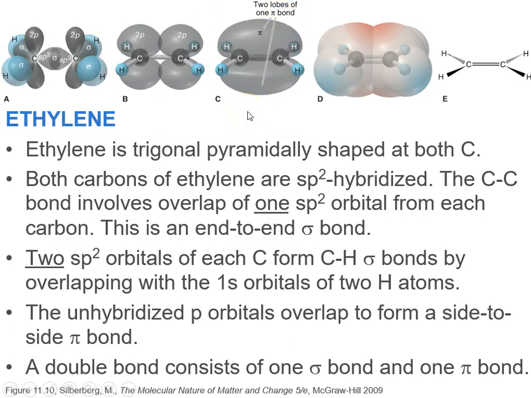So a pi bond is side to side; these two p orbitals overlap side to side. So in this double bond, one of the bonds is a sigma bond from sp2 orbital overlap. The other is a pi bond from overlap of the unhybridized p orbitals.